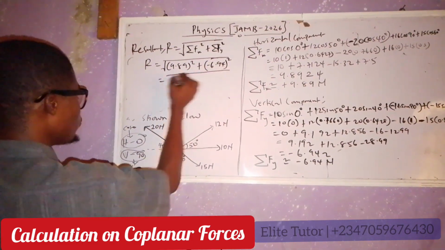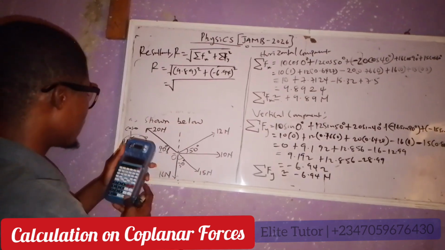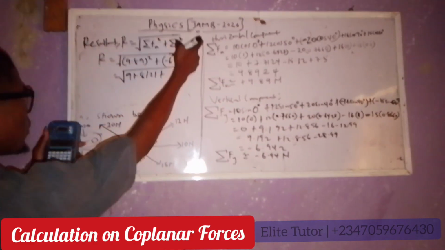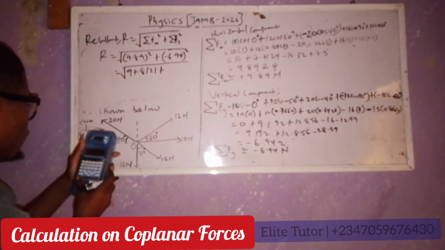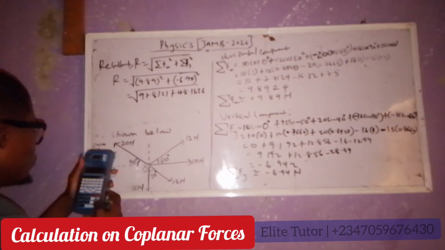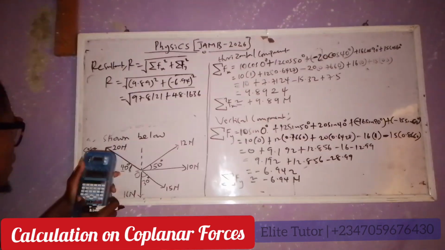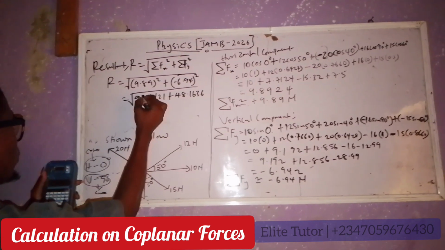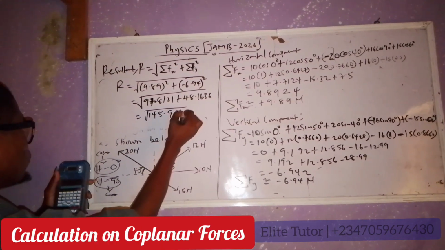So we have the square root of 9.89 times 9.89, which is 97.8121, plus, negative squared is positive, 6.94 times 6.94, which is 48.1636. So 48.1636 plus 97.8121, we're having the square root of 145.9757.